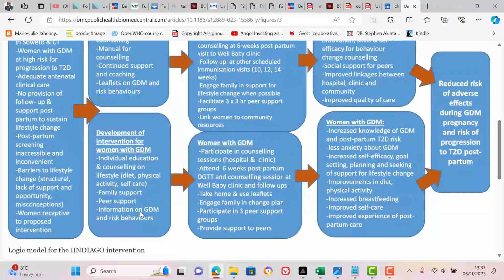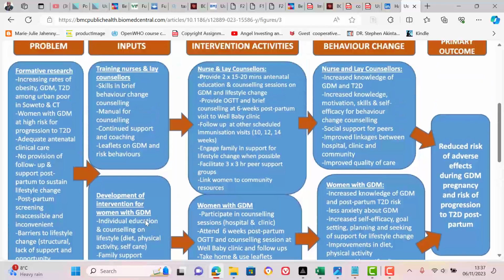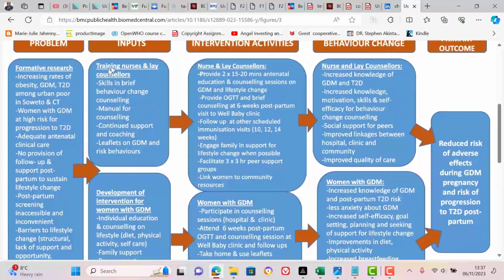And what is the intervention actually? Individual educational counseling on lifestyle, which includes diet, physical activity, self-care. We have family support, peer support, and then giving them information on GDM and risk behavior. So these are the two major inputs here: the training and then to develop the intervention.